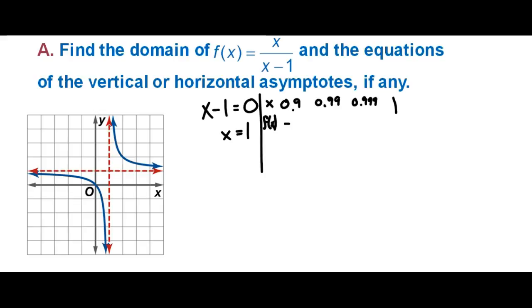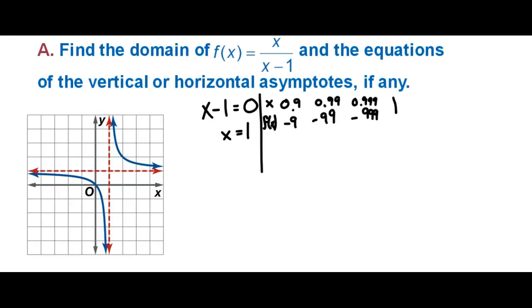We get negative 9. When I do the same with 0.99 divided by 0.99 minus 1, I get negative 99. And as you can imagine, I'm going to get negative 999 when I put in 0.999.